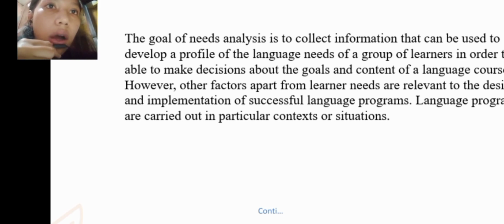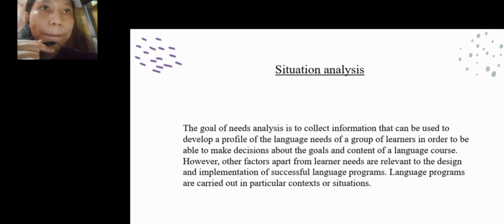However, other factors apart from learner needs are relevant to the design and implementation of a successful language program. Language programs are carried out in a particular context or situation.